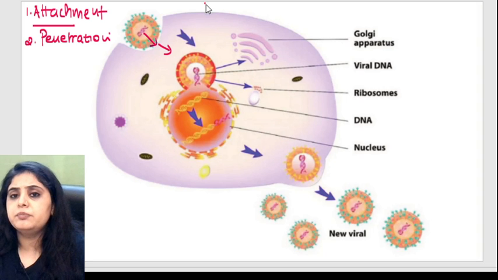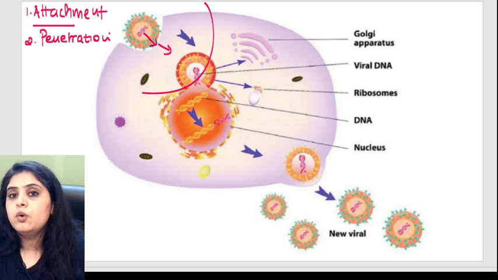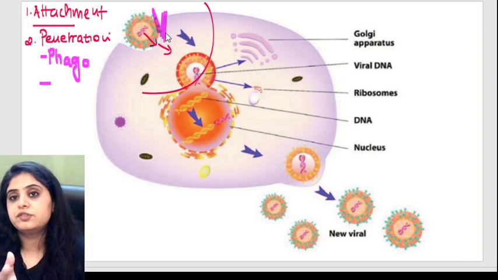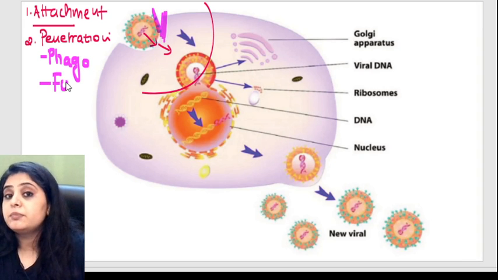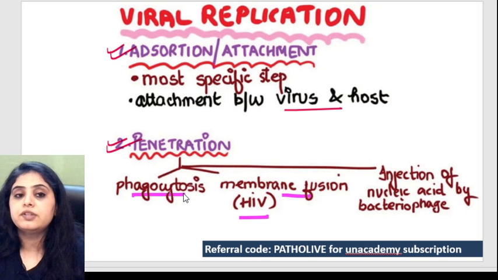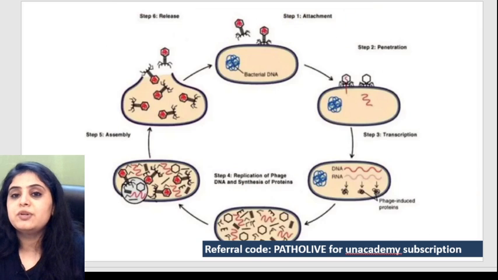Penetration is either this big cell just eats up the virus. So that's phagocytosis. One method of penetration is going to be phagocytosis. The second method is the membrane of the virus and the membrane of the host fuses. That is what typically happens in HIV also, guys. Fusion of the membrane can occur. So there can be membrane fusion in HIV. If a bacteriophage has come, let me show you a diagram.